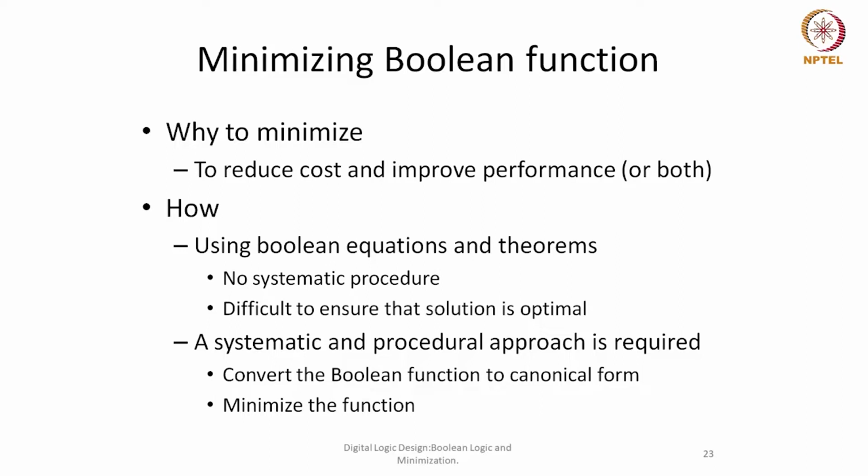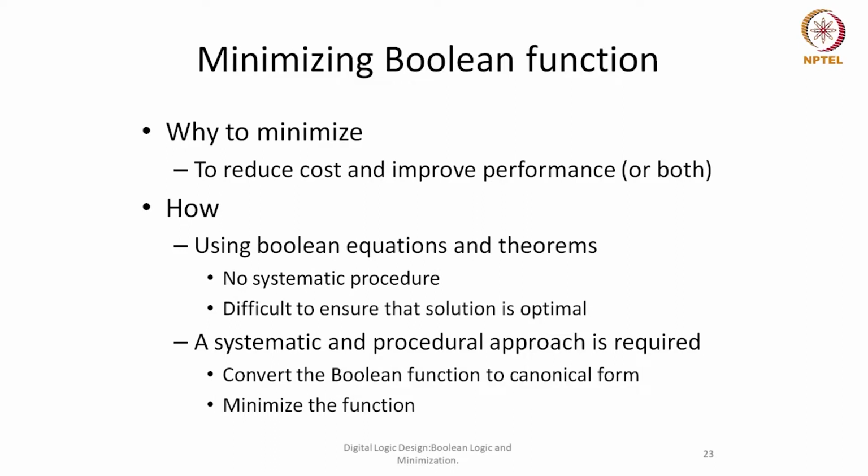In this lecture we'll start understanding how that systematic and procedural approach will work. The first step in that procedural approach is to convert the Boolean function or expression into canonical form or standard form, and then go ahead and minimize that expression.